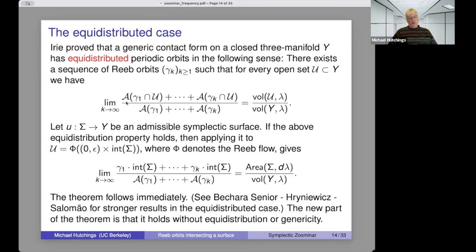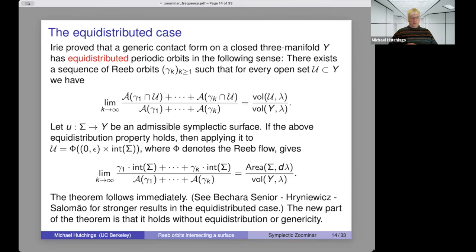My notation here, the action of gamma 1 intersect U, means how much time, as you go around the Reeb orbit gamma 1, do you spend in the open set U? So I add up how much time these Reeb orbits spend in U, divided by the total period of all of these Reeb orbits. And in the limit as k goes to infinity, this will equal the volume of the open set U divided by the volume of the whole three-manifold.